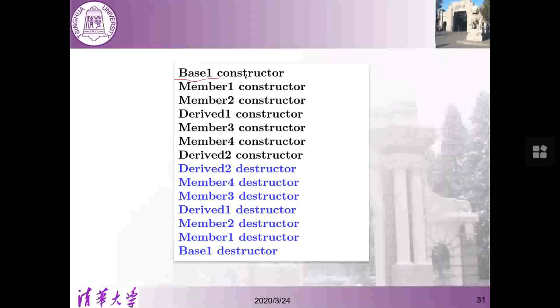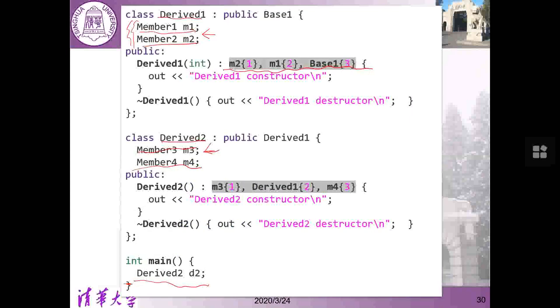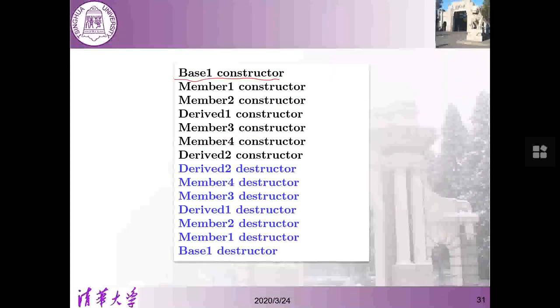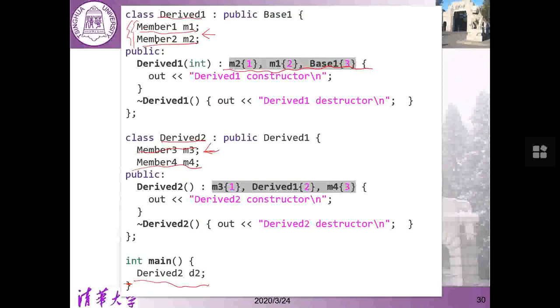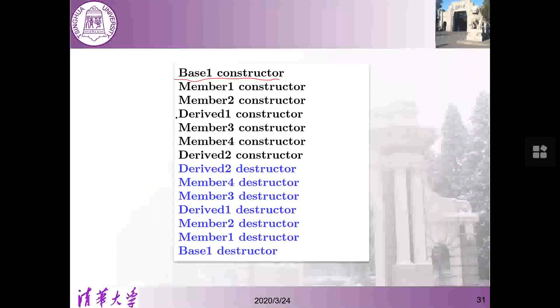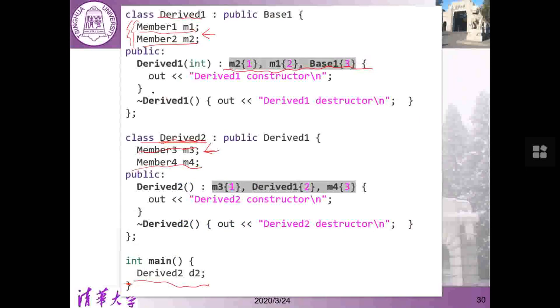The first one is the base, right? Because derived 2 first inherits from derived 1, and derived 1 inherits from base. So first is the base, and then member 1, member 2. After member 1 and member 2 are constructed, we are ready to construct derived 1.